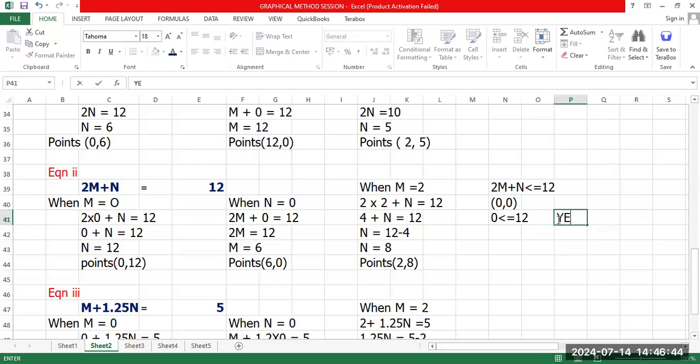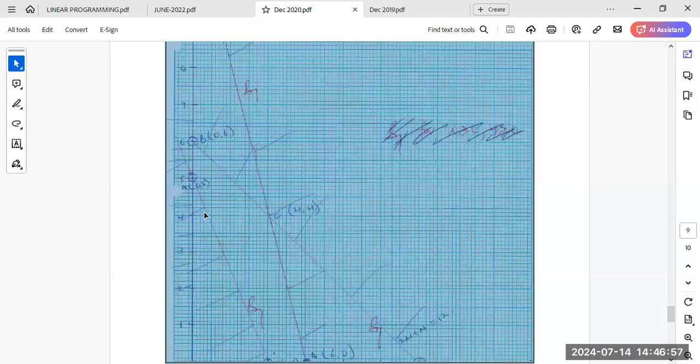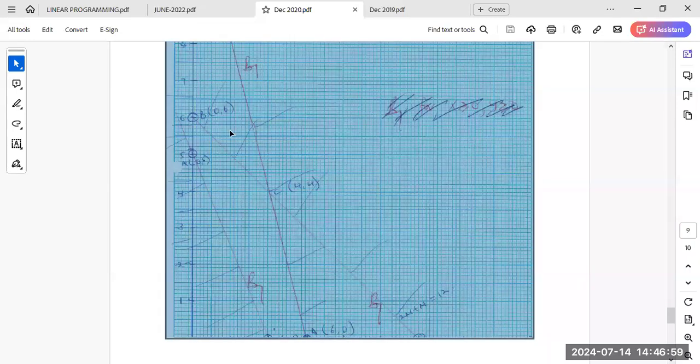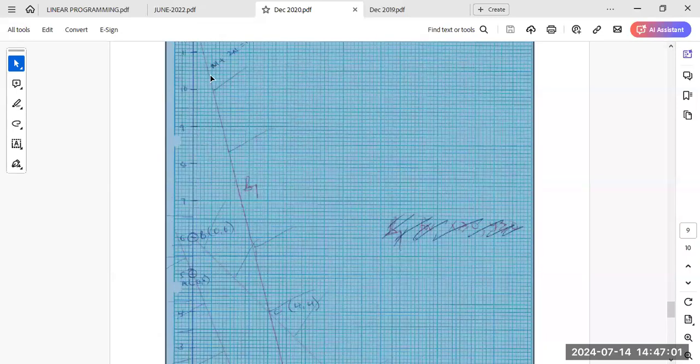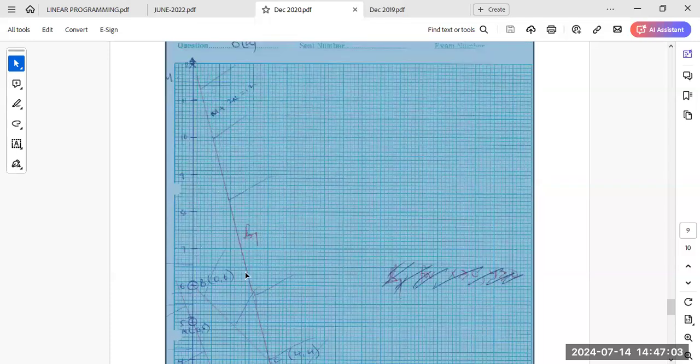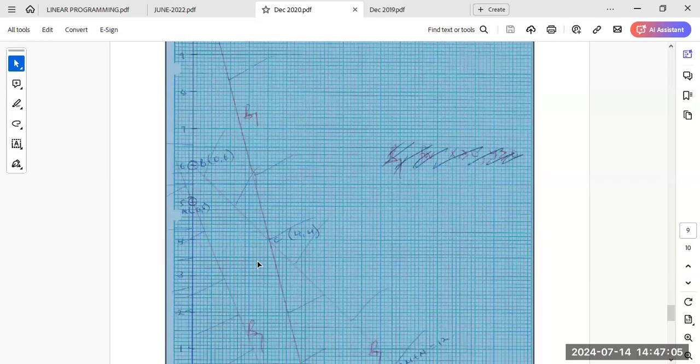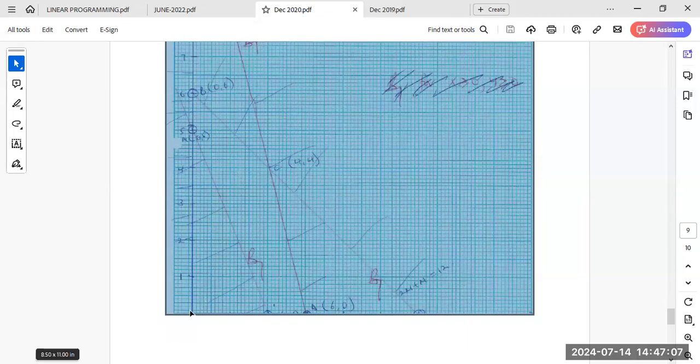Yes. So it means that you are going to shade where? You are going to shade this below the line. This is our line, and we picked our points below the line here, 0, 0.